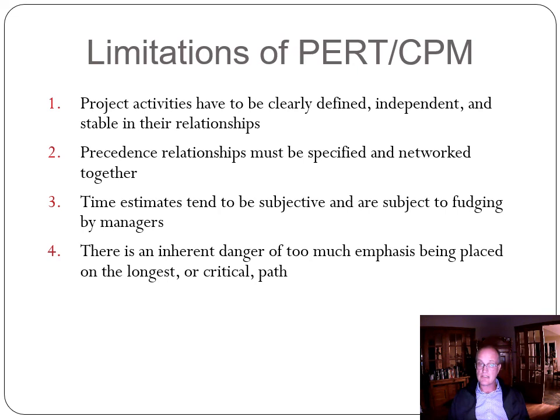Time estimates need to be clear, although we'll talk about uncertainty in a later video. And you have to be confident that we don't have this euphoric optimism where a manager says, oh, I can get that done in this many days. It depends on accurate measures of activity times.